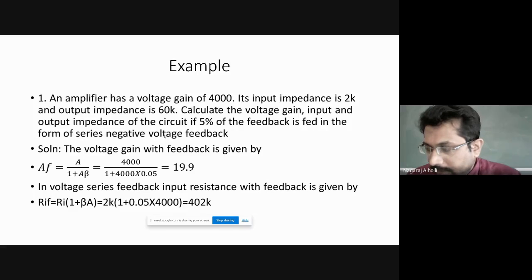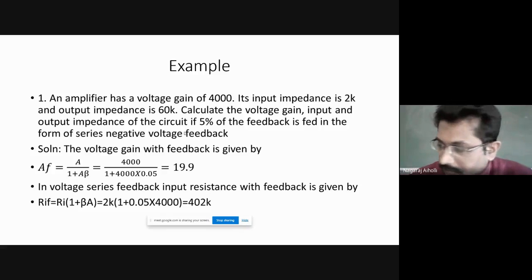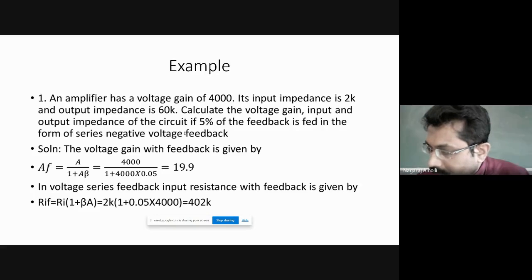Output impedance with feedback is R0 divided by 1 plus A beta. How much you are getting? R0 is 60k, it is given.